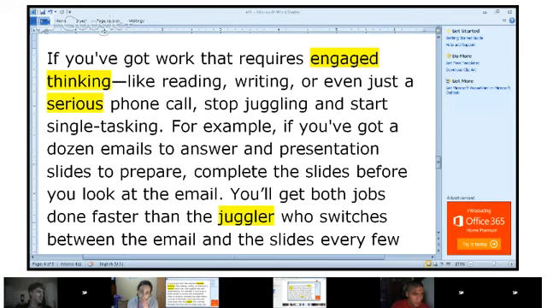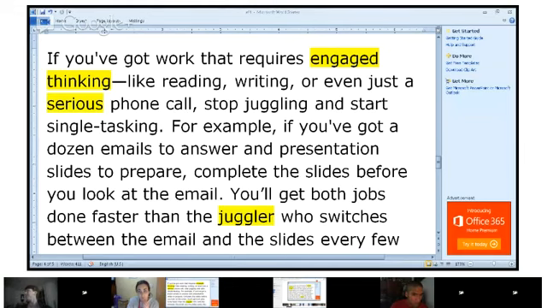I have a comment. Go ahead, Ebru, please. We should choose important tasks. Okay, good. So that's prioritizing. But what if you have two important tasks? Gina said email and slides. All right, so what's her advice?